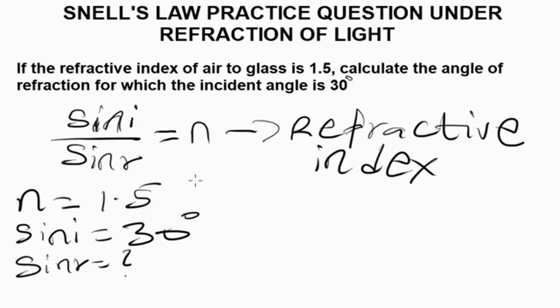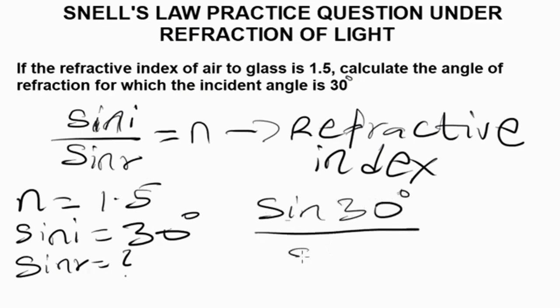To get it, all you simply have to do is substitute these values in this expression. When you do the basic substitution, you're going to have sine 30 degrees over sine R equals 1.5. So you cross multiply.